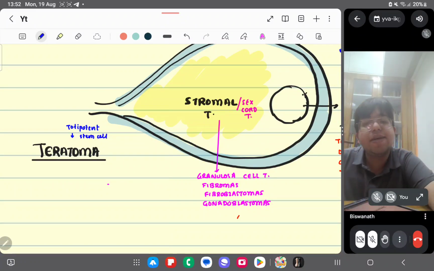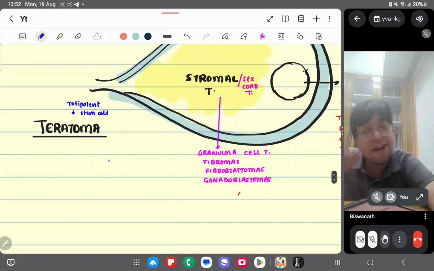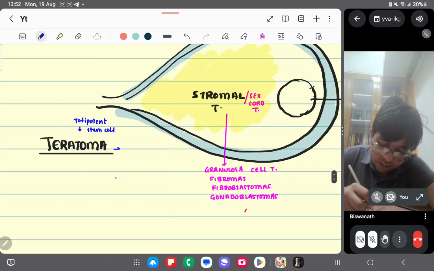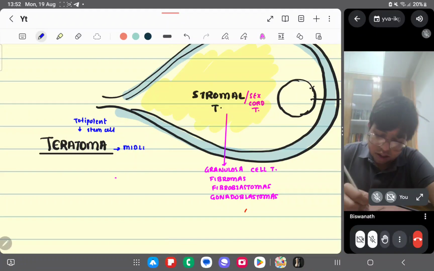This totipotent stem cells can give rise to all three germ layers. So this teratoma is a tumor comprised of all three germ layers, and the teratoma can occur in a variety of regions like ovary, testis, then CNS even. So this produces a kind of lesions called midline lesions, the middle line of the body.